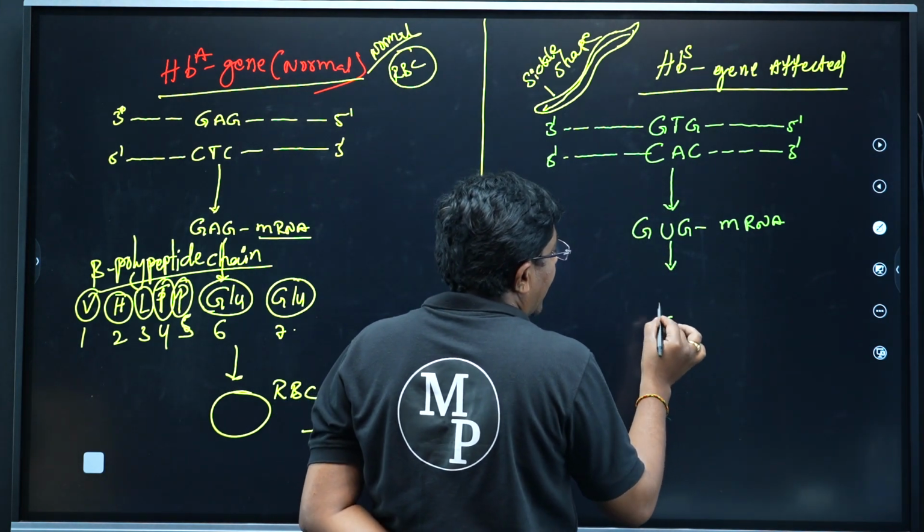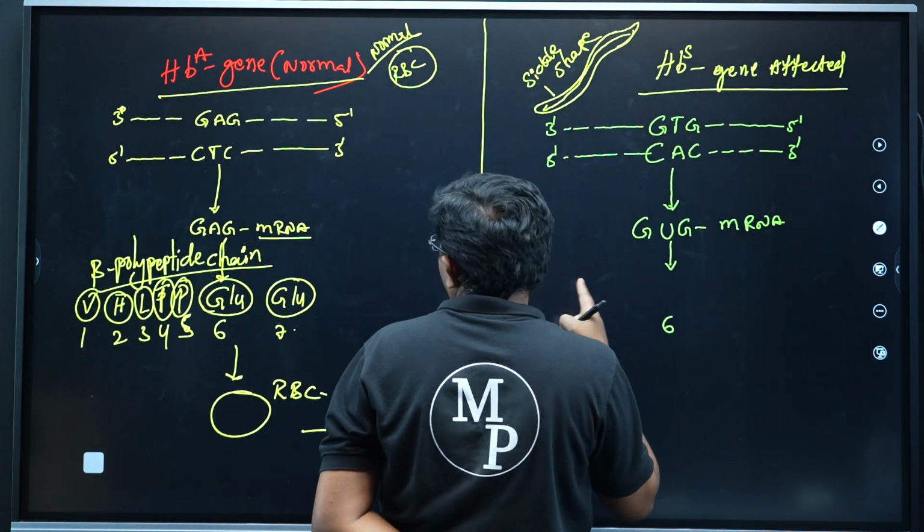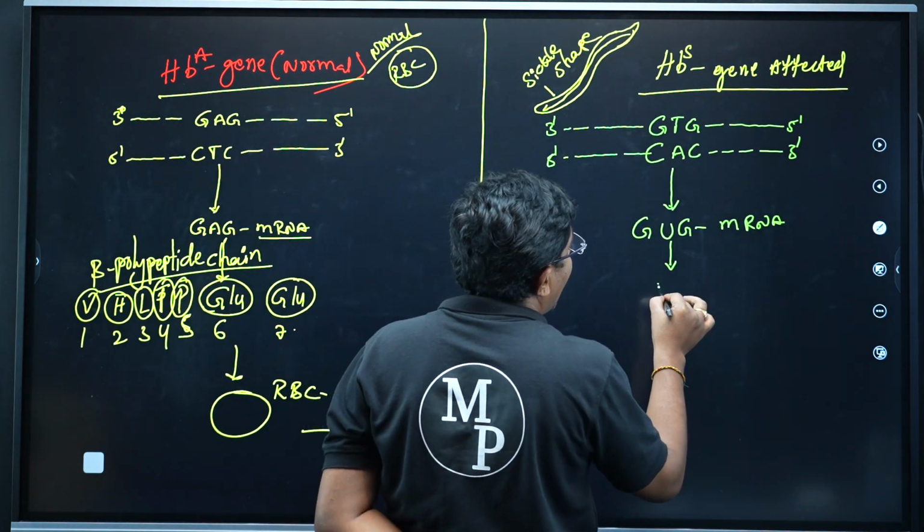at the sixth place, valine is added in place of glutamine.